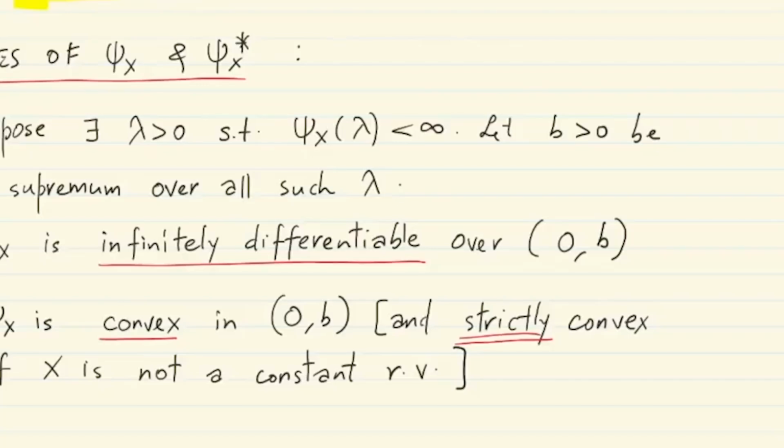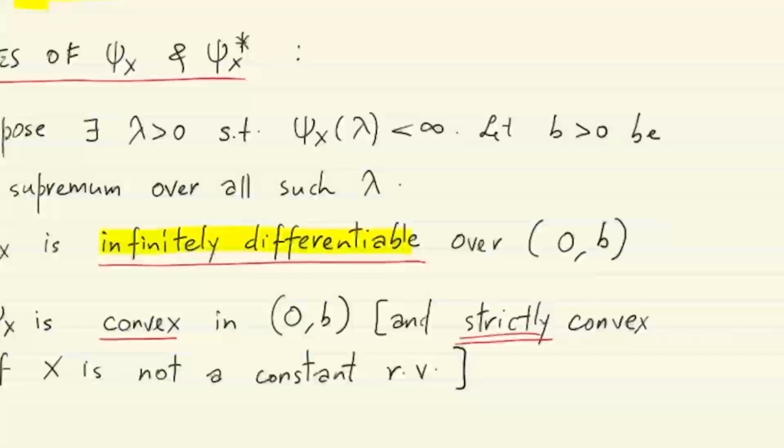Let B be the supremum of all such lambda for which the function Cx is finite. We have then that Cx is infinitely differentiable over the interval 0 to b.